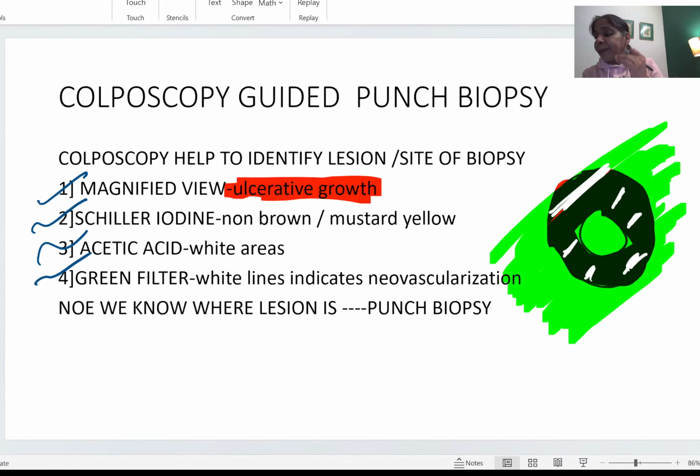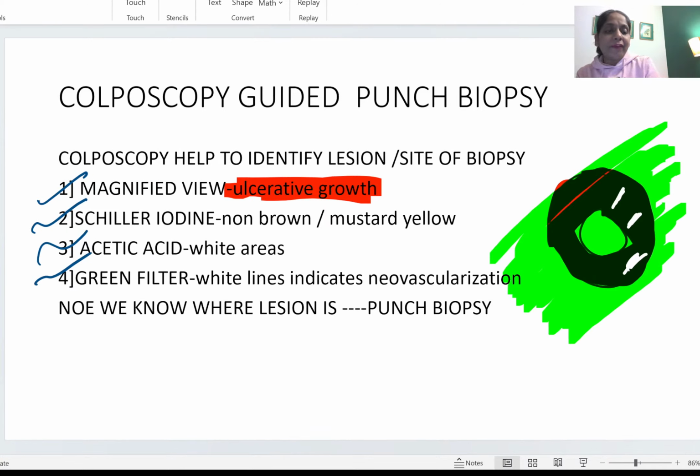And you know that rapidly dividing cells have neovascularization. Every tissue needs its vessels, blood, nutrition, right? So if cancer is present, then you will find vessels. Now after performing these four steps of colposcopy, you come to know that yes, this is the area.